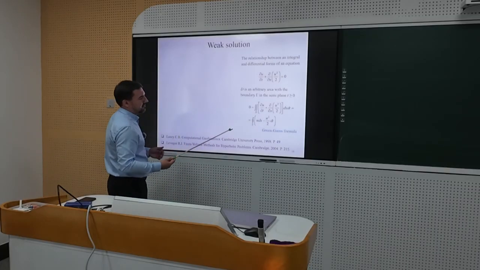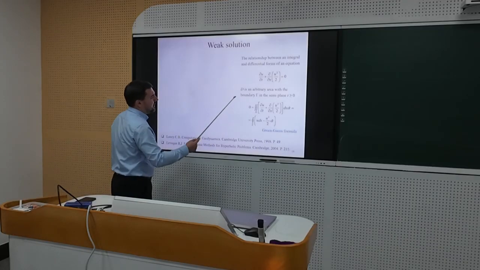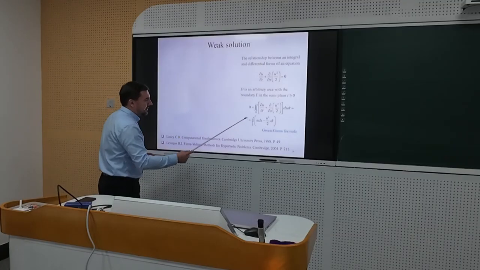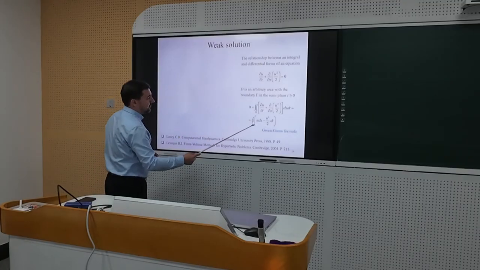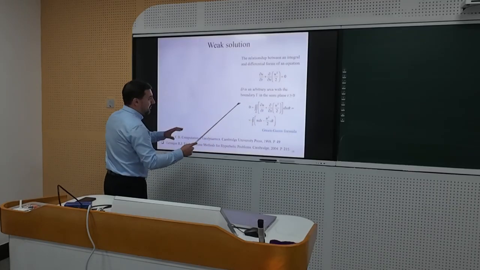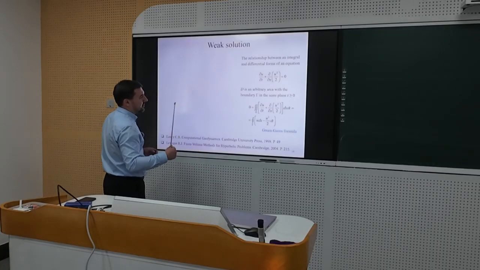It's known from mathematical analysis that, for example, consider this equation, and D is an arbitrary area with boundary gamma, and this is the Green-Gauss formula. So we can integrate our equation over the arbitrary area and express it through the integral over the boundary of this area.